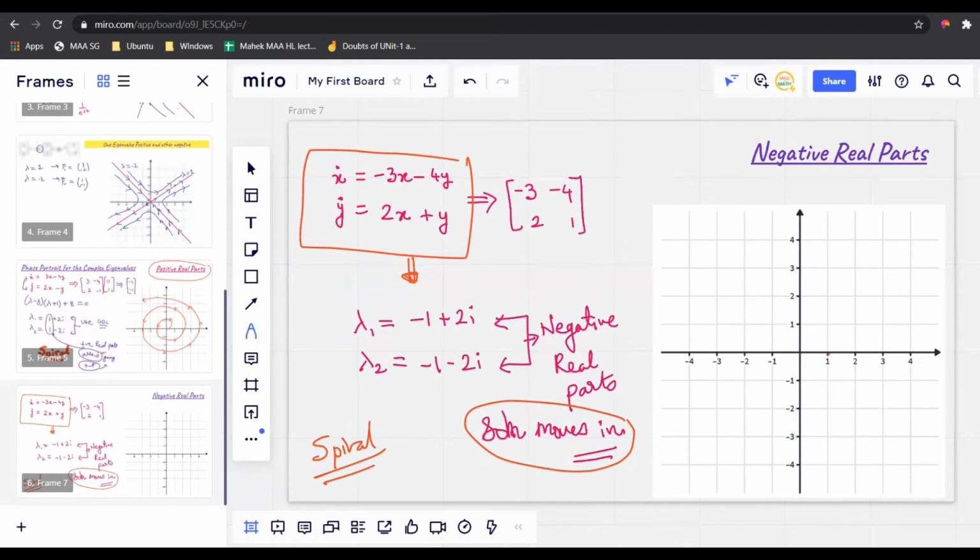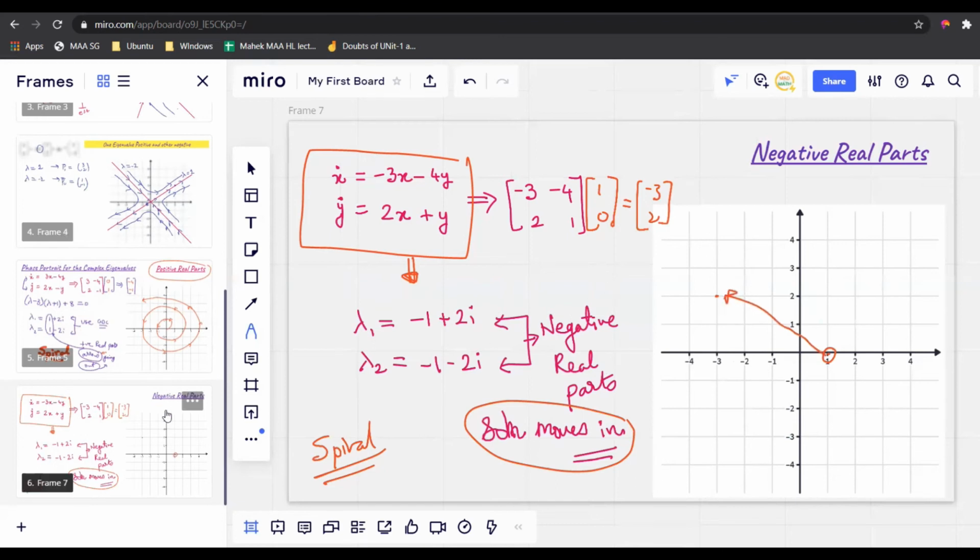Randomly take a value, let's say (1, 0). You can take any other point also, whichever is convenient. I take (1, 0) because it's simple to use. Multiplying with this gives (-3, 2). -3 is somewhere here and 2 is somewhere here. The arrow will come like this, and it will go outside.